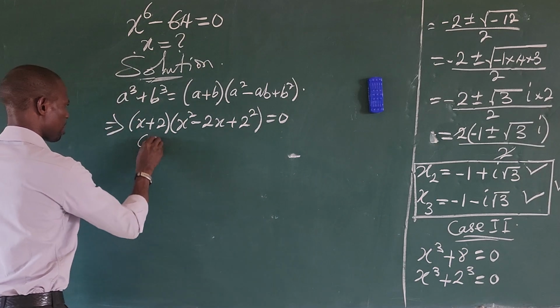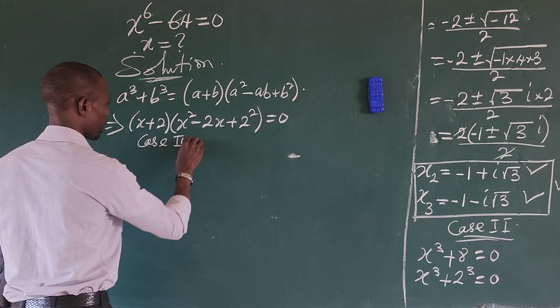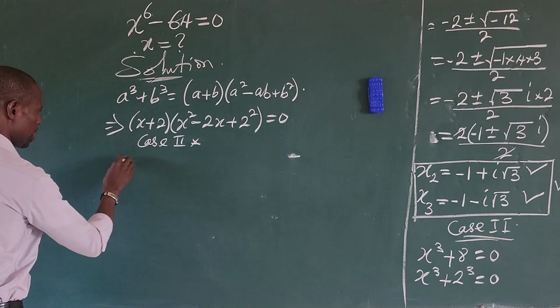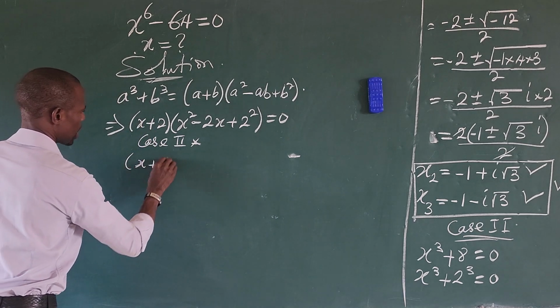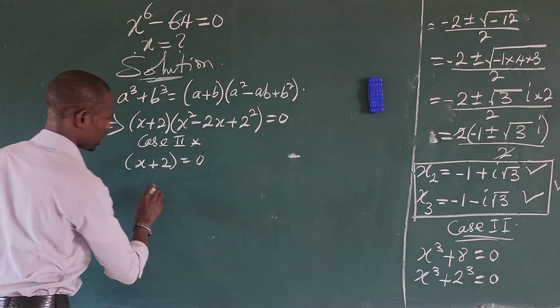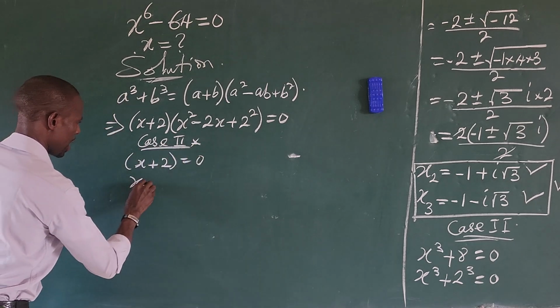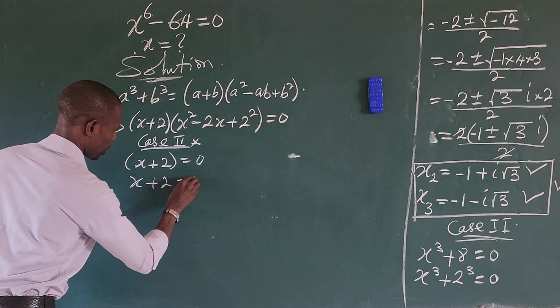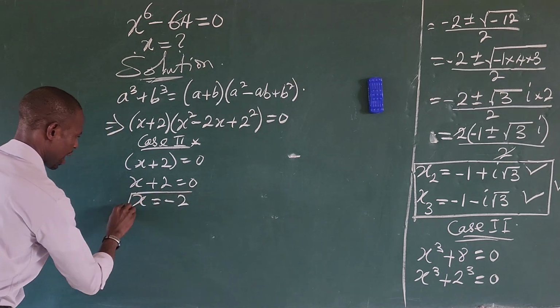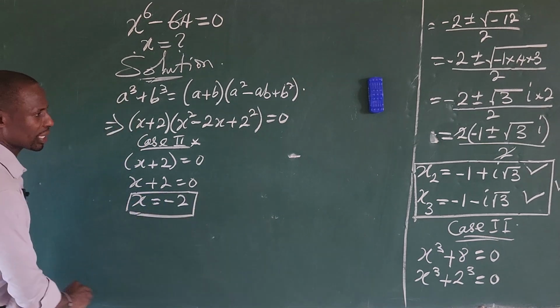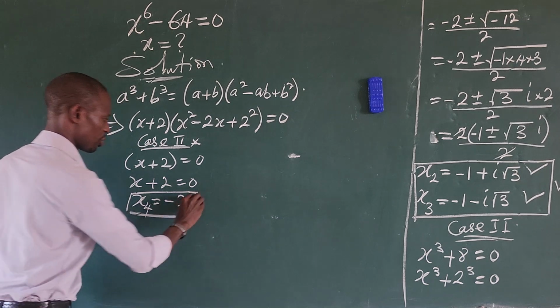For the first one, x plus 2 equal to 0. Send this to this side, so x is equal to minus 2. This is our x4.